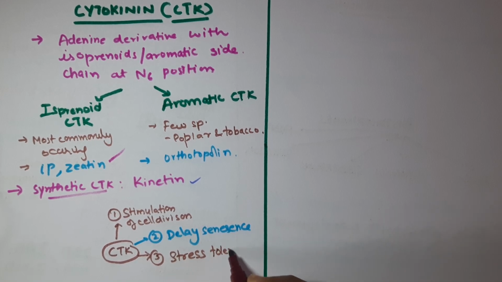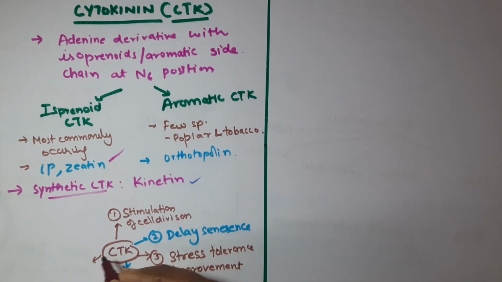Then they promote root formation also. This is the fourth role. They also help in chloroplast differentiation.